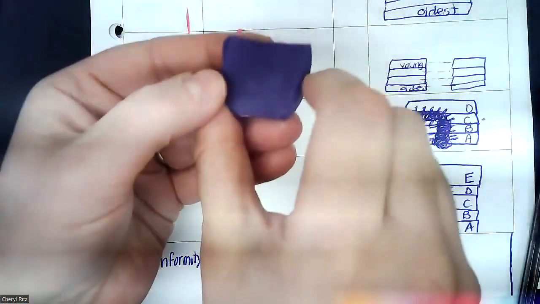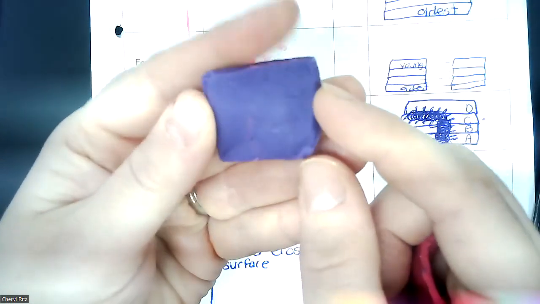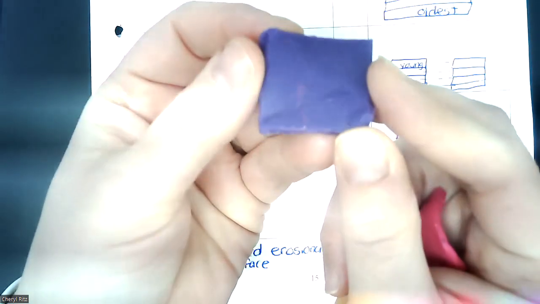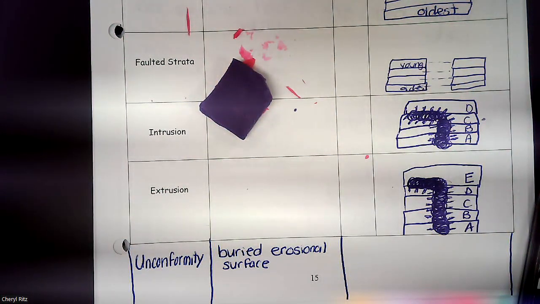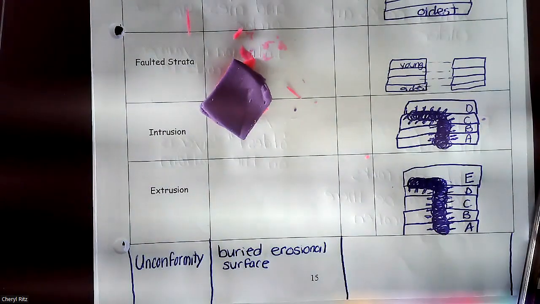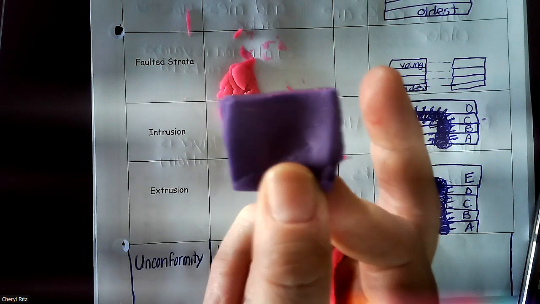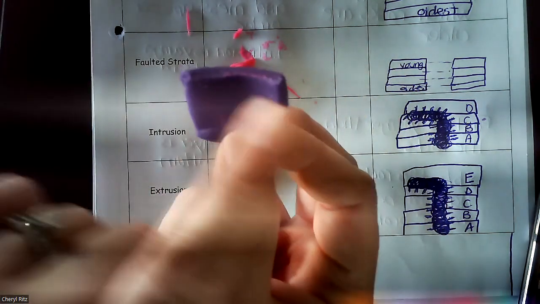Now, is there any evidence that that rock layer was there? No. You don't see any evidence that there was that pink layer? Oh, you might not be able to see it. Okay, I can see it. Hang on. I think you can now. Any evidence now that the pink layer was there? See, there's some pink there.